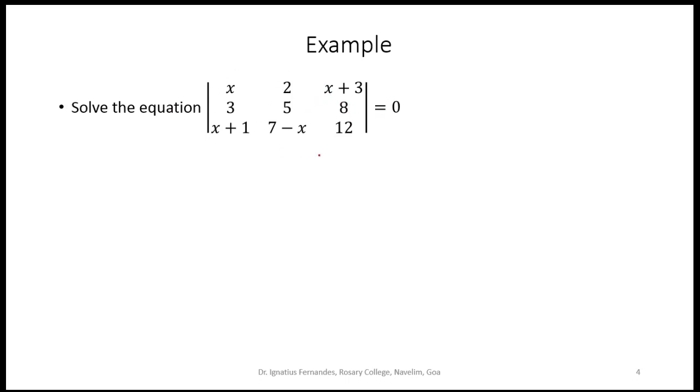Okay, so we'll compute this determinant first and simplify it. We know that this determinant is equal to x into, starting with x, 5 into 12, that is 60, minus 7 minus x multiplied by 8.